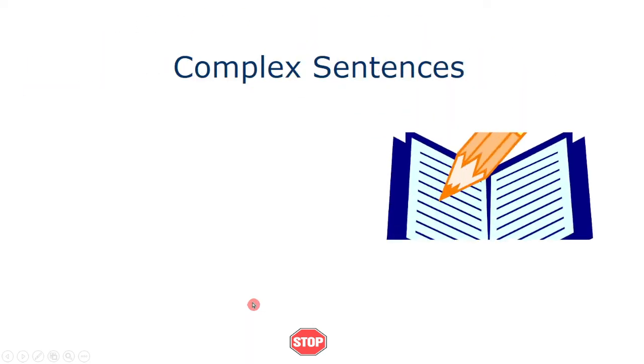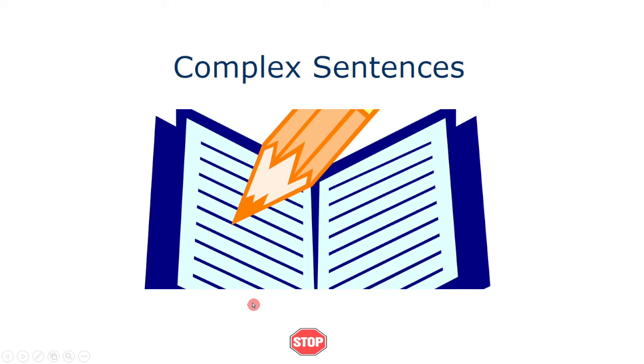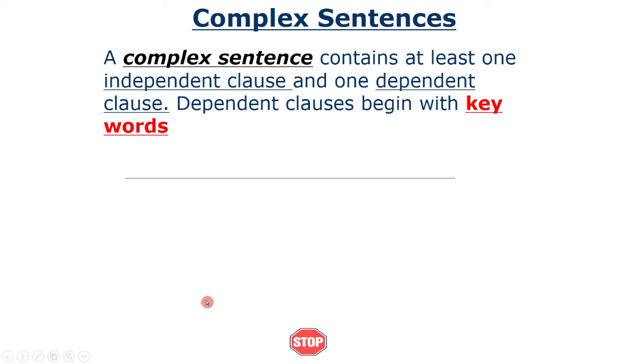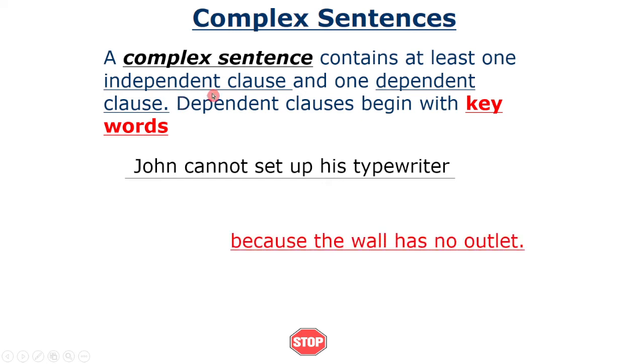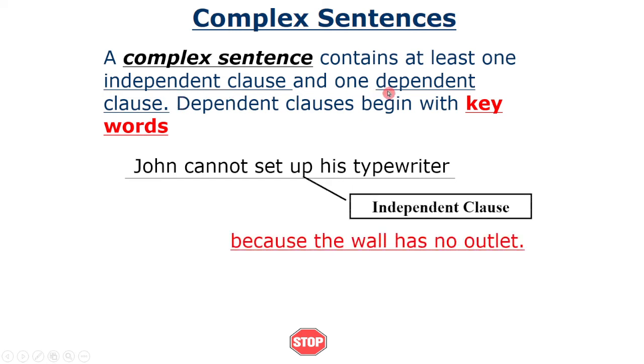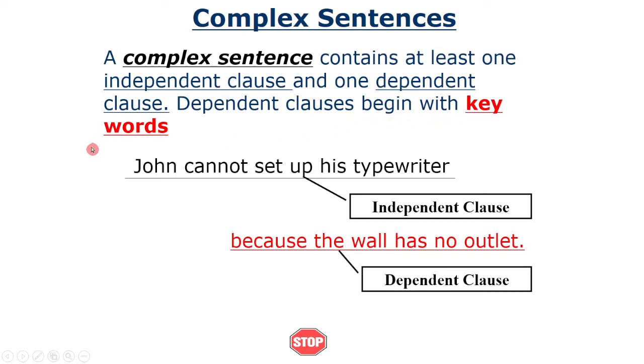Next is the complex sentence. For writing a complex sentence, usually a complex sentence contains at least one independent clause and one dependent clause. A dependent clause begins with keywords.